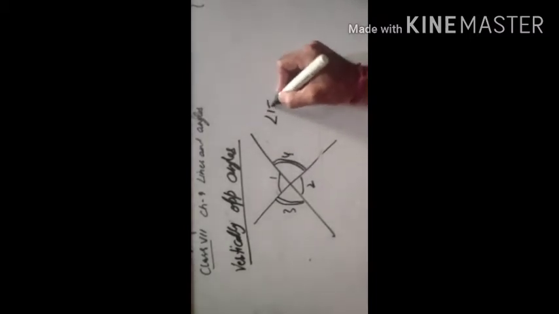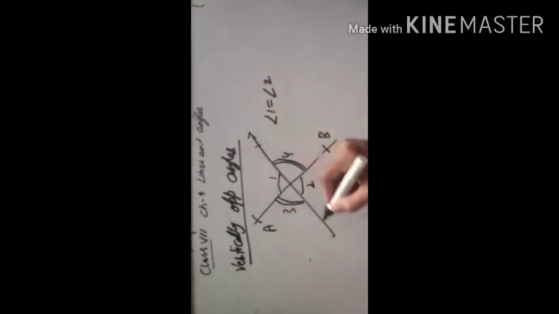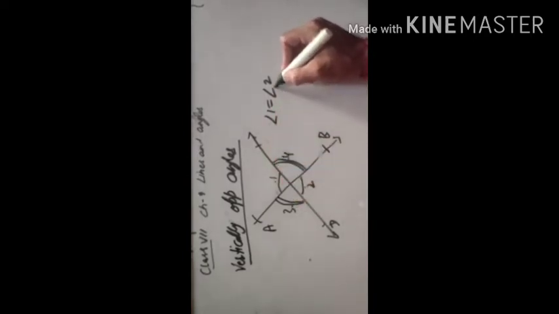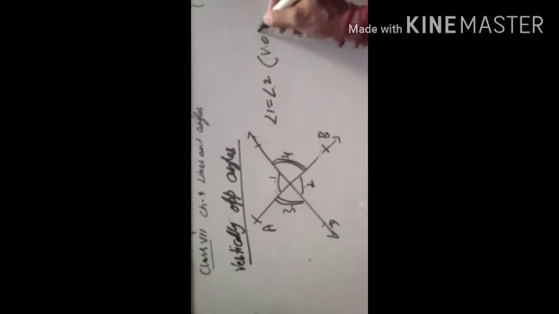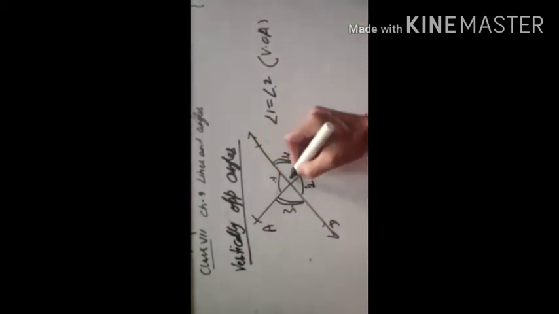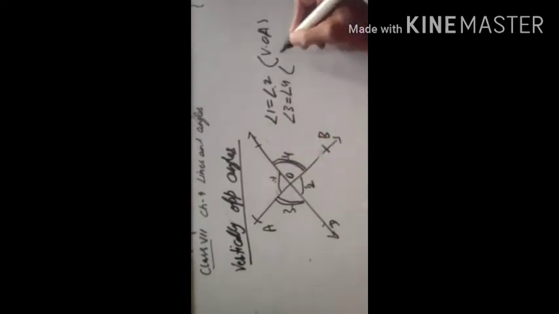If two intersecting lines AB and CD make angles 1, 2, 3, 4, then angle 1 is equal to angle 2. The reason is vertically opposite angles, meaning opposite angles. They intersect at O. So angle 3 is equal to angle 4, again vertically opposite angles.